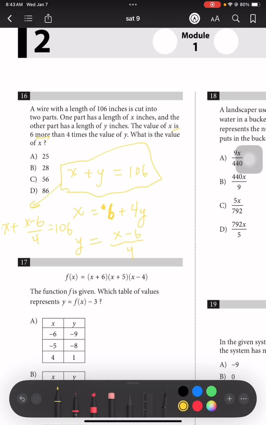And we could solve this with a calculator, I guess, but I was going to plug in a number. I'm plugging in 86 because 86 plus (86 minus 6) over 4 is 106. So that's true. Yeah, it happens to work out.